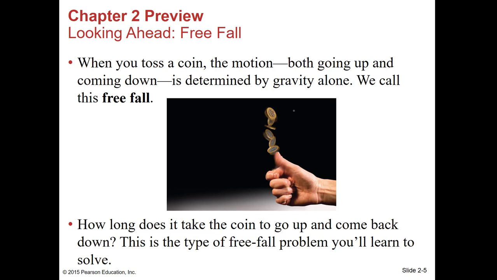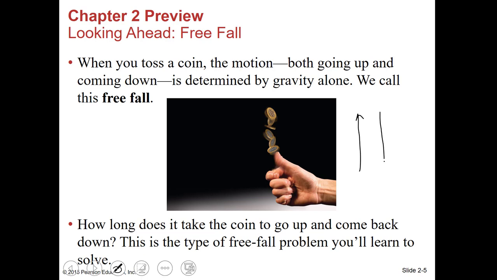So what you see here is a special case of constant acceleration. This is free fall. So free fall in this case is different than everyday language. In everyday language, free fall is if something's moving down. In physics, free fall just means under the influence of gravity. So something could be moving up, something could be moving down.